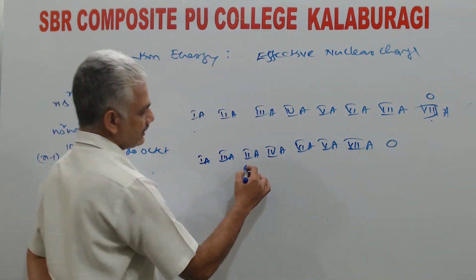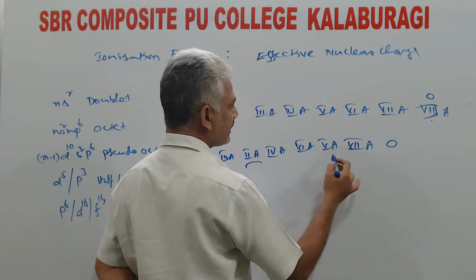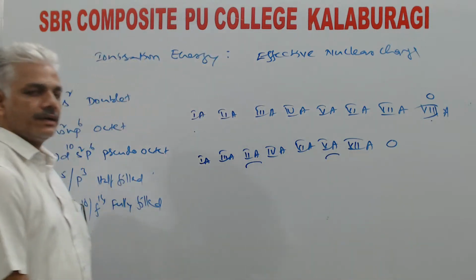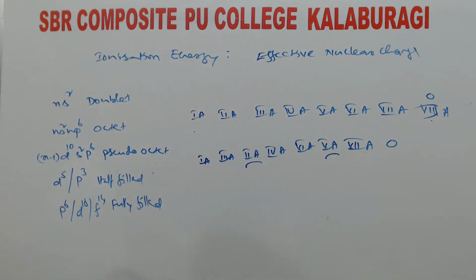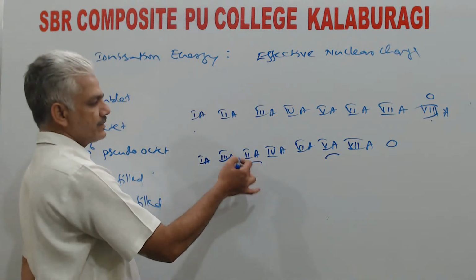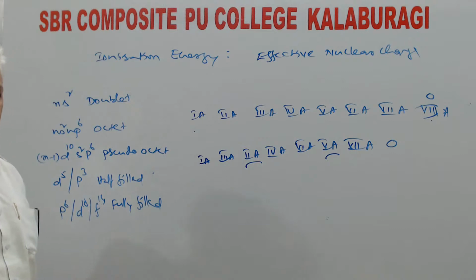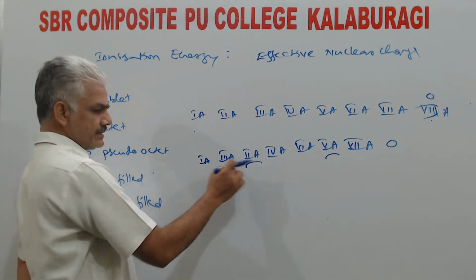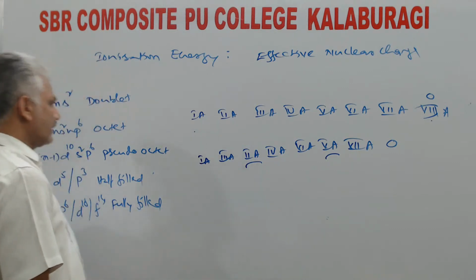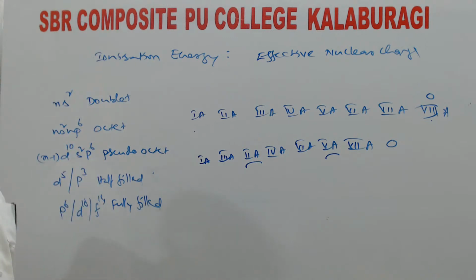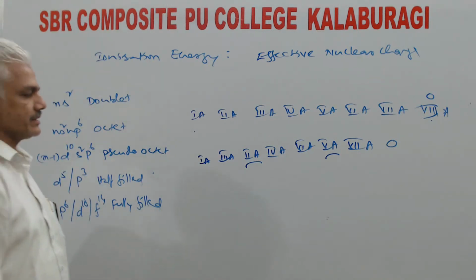So there is a difference in the case of second A group elements and fifth A group elements. Their IP values are slightly higher than the next group elements. The reason for this deviation we can explain based on stable electronic configurations.